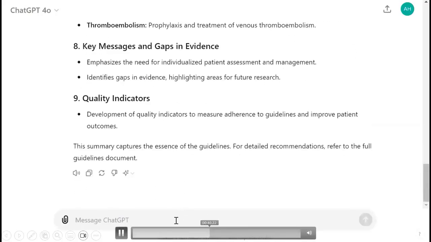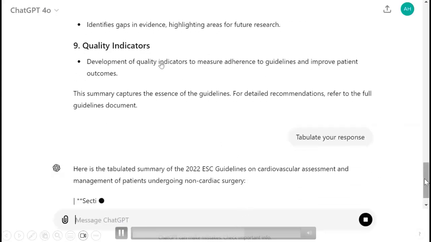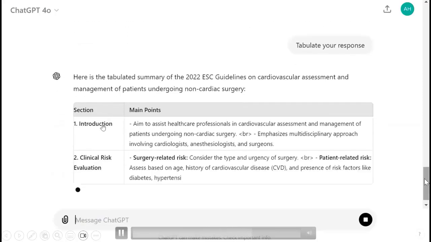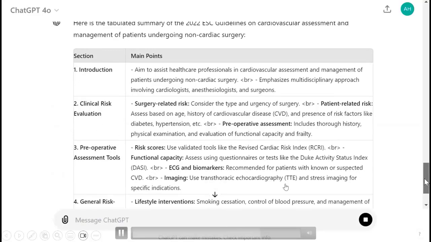Then we ask ChatGPT to tabulate this response, to produce it in the form of a table with header lines, for example, introduction, clinical risk evaluation, assessment, and general risk factors.